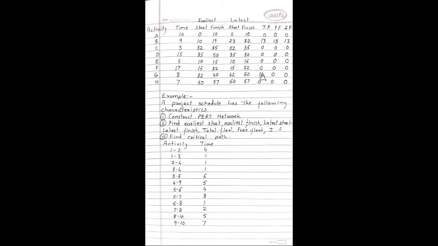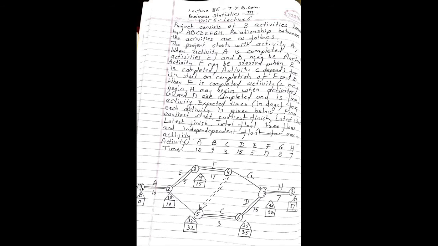Now to get free float, we have to consider EJ minus EI minus TIJ. So activity A, we will find the free float. This is activity A. This 10 minus 10, which is in the rectangle. So 10 minus 0 becomes 10, minus 10 becomes 0.